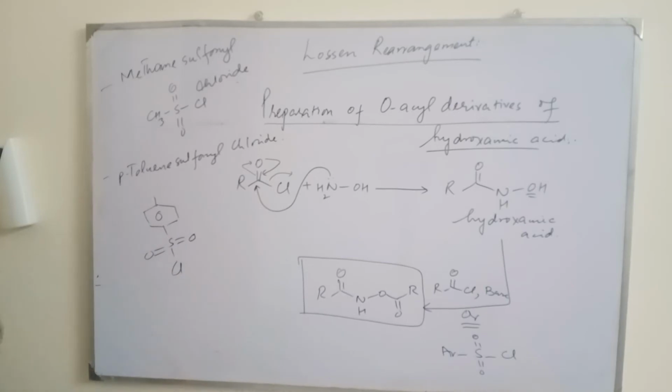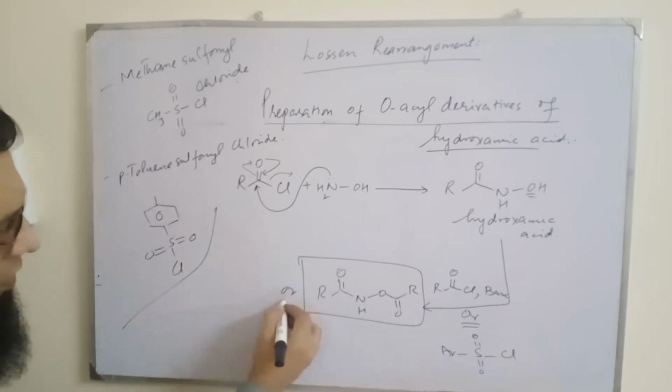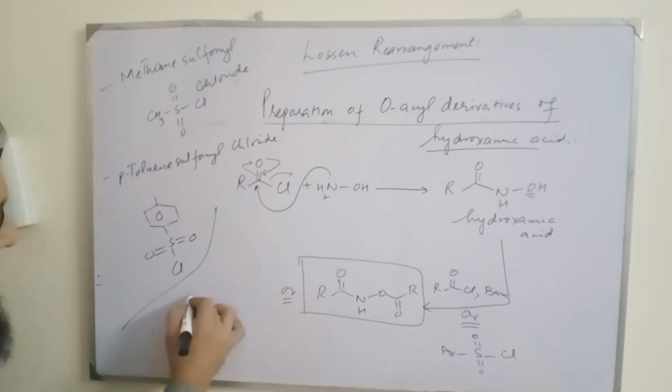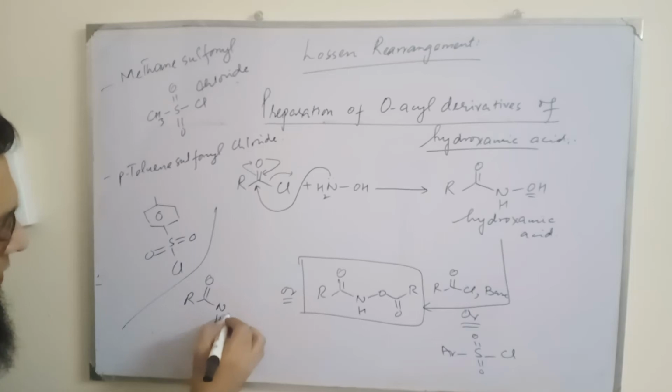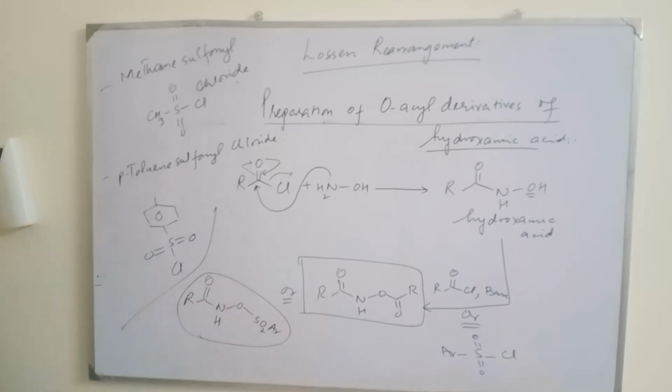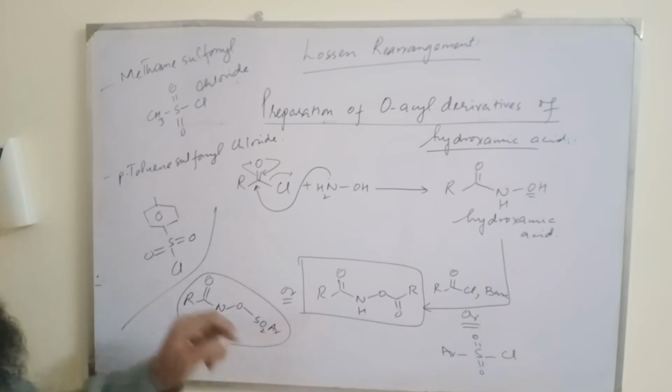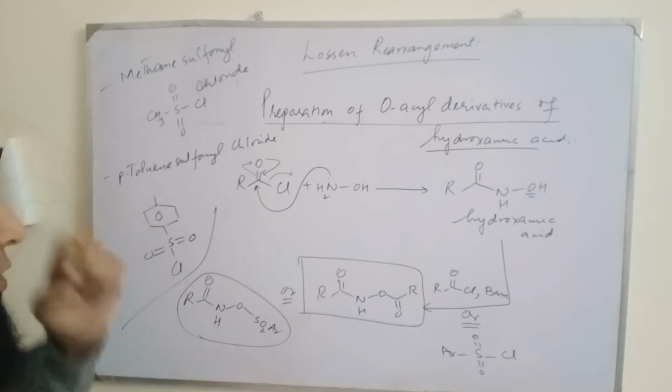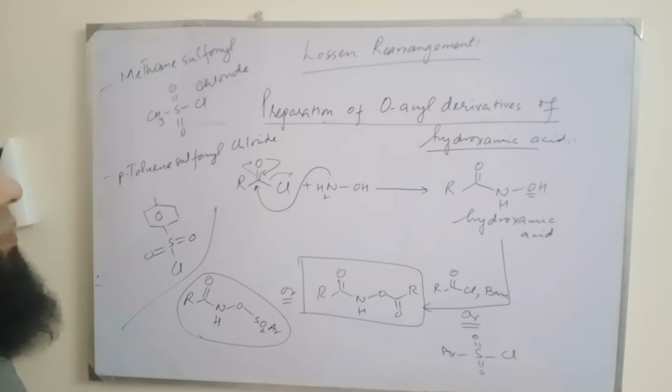So if we use sulfonyl chlorides, we can also get these derivatives. So these can also undergo Lossen rearrangement under suitable conditions. So this was the preparation of O-acyl derivatives of hydroxamic acid.